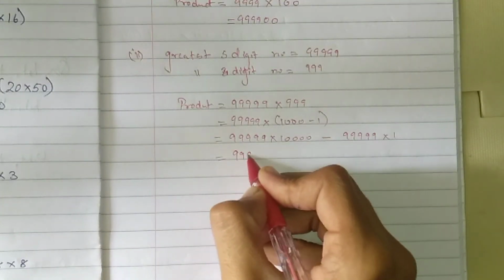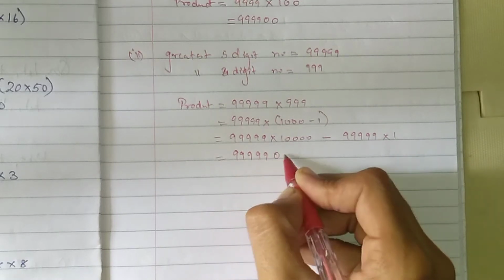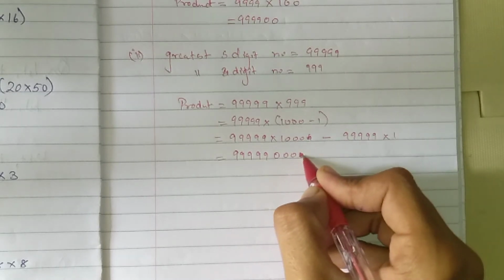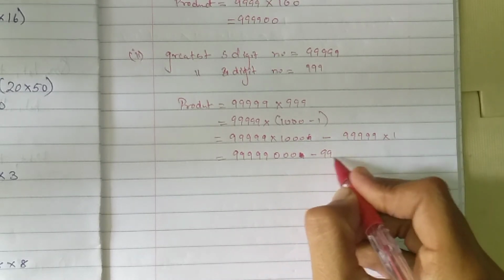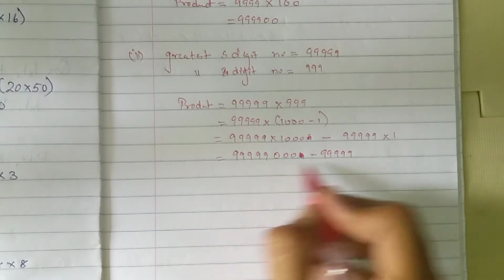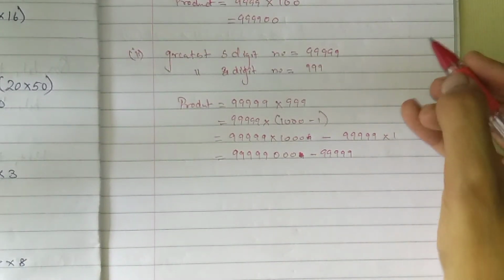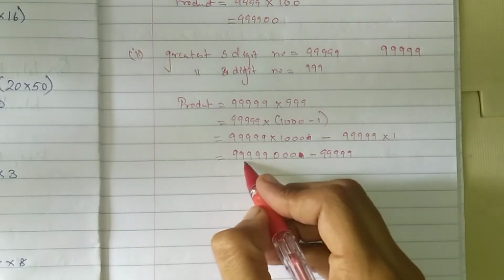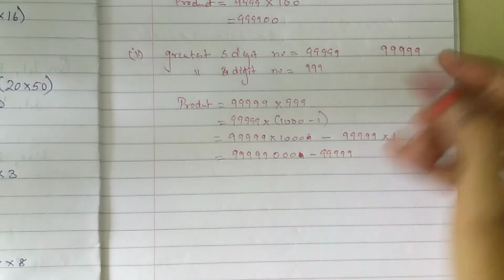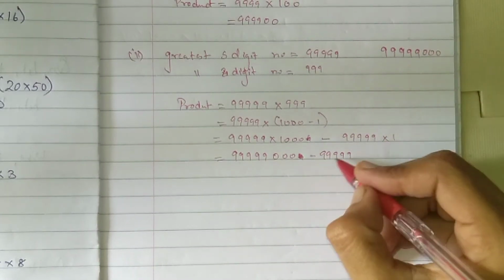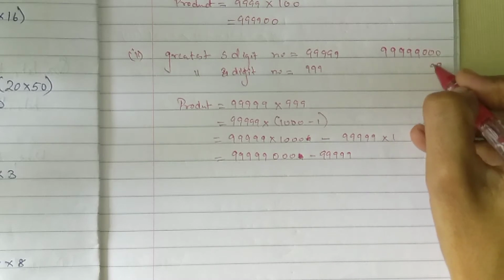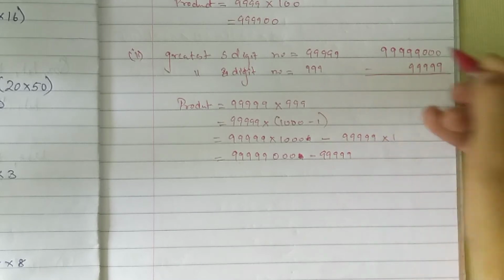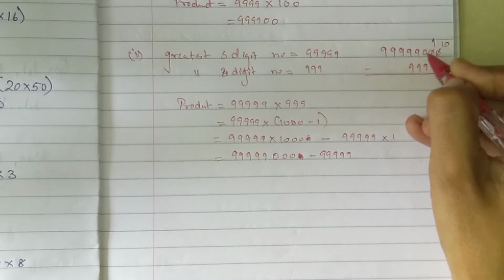So the answer is 99,999,000 minus 99,999. This we have to subtract. So I am using your rough work.